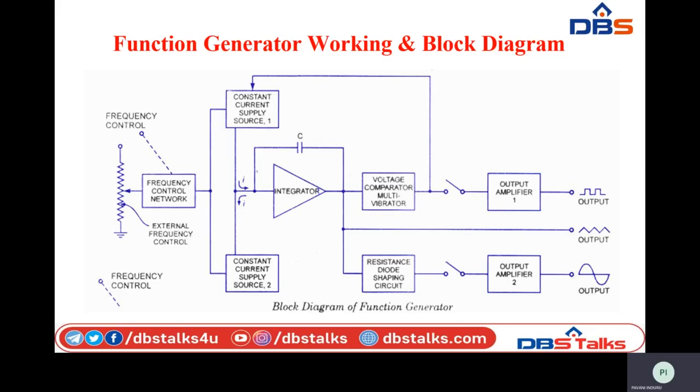The upper current source provides the current continuously until the maximum level is reached. Once the maximum level has been reached, the comparator present at the output of the integrator changes its state and cuts off the upper constant current source, and then it connects the lower constant current source to the input of the integrator.